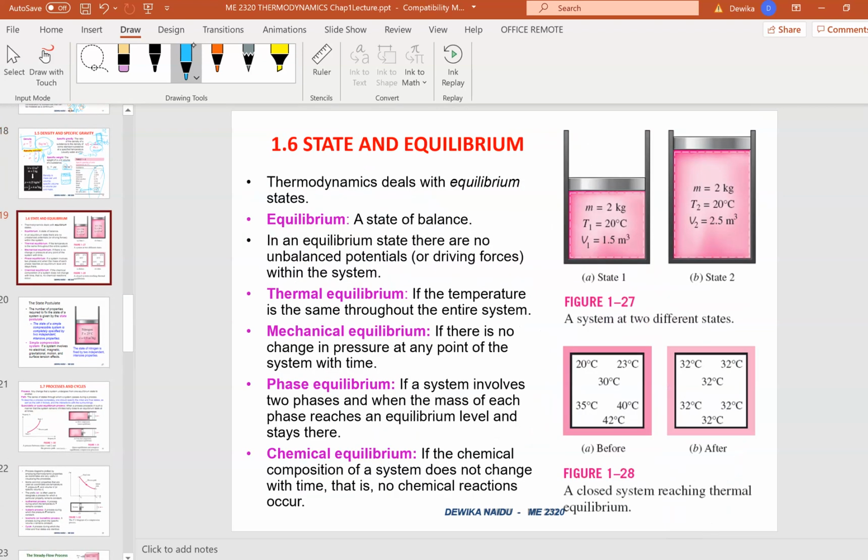State and equilibrium. These are again some terminologies that you need to memorize. So what does it mean by equilibrium? Equilibrium is a state of balance. Example, like you now sitting in the room, right? If you are too warm, what do you do? You fan yourself, and then you on the aircon, you on the fan. You are trying to attain a state of balance, a state that you will be very comfortable with.